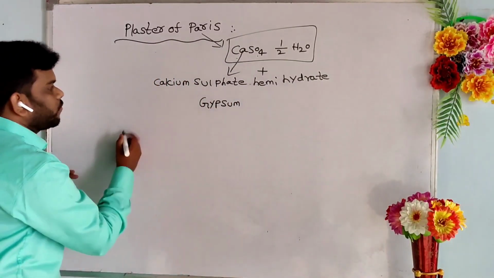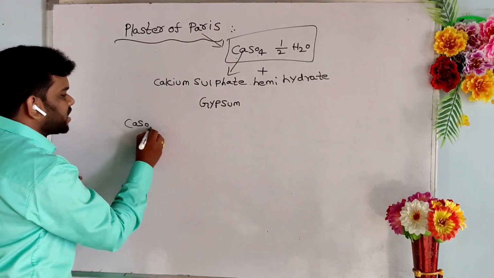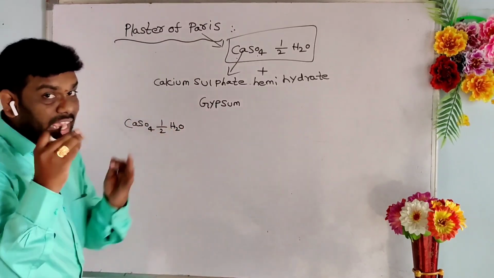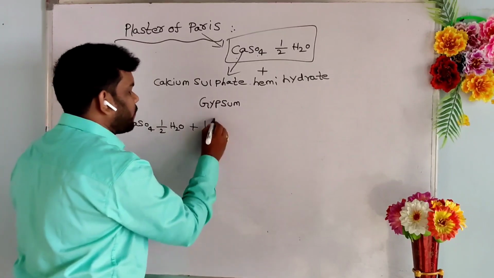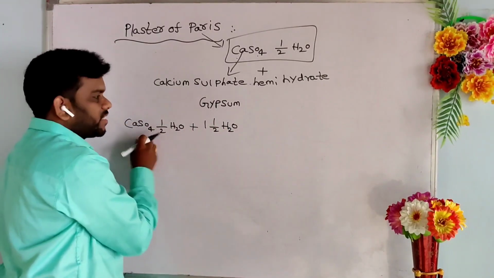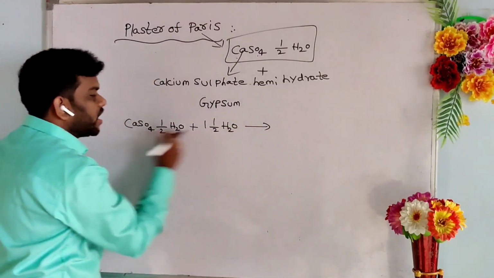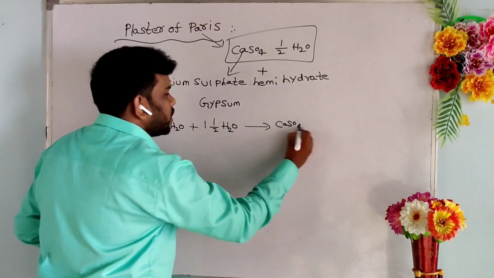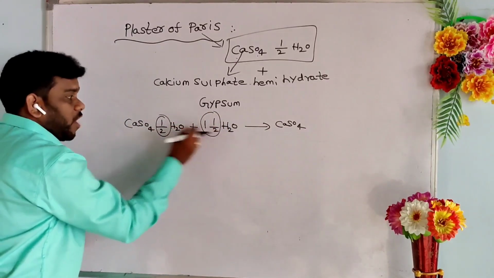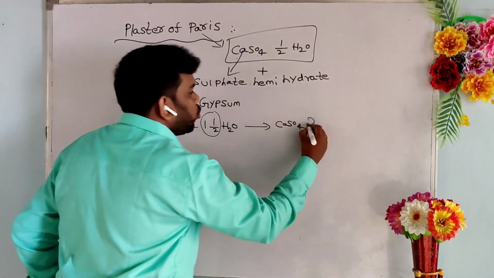How is gypsum formed? CaSO4 ½H2O is called calcium sulfate hemihydrate. So when I mix it with water, ½H2O plus 1½H2O, finally CaSO4 with 2H2O.